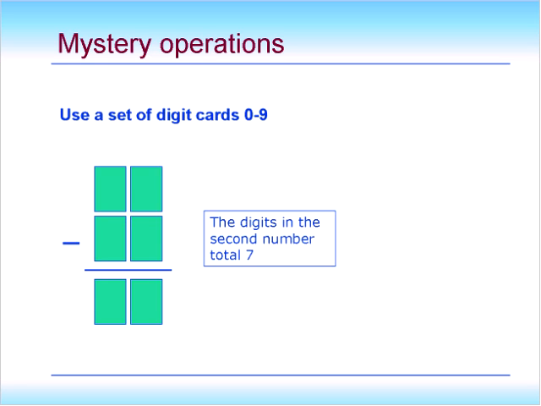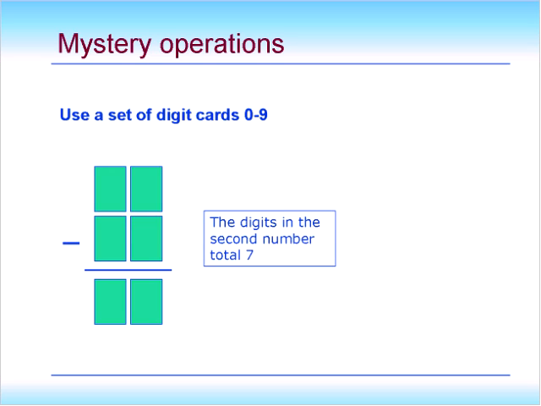So something like, the digits in the second number total 7. If we look at the second number, which is in line with the subtraction sign, we know it totals 7. So what could they possibly be?